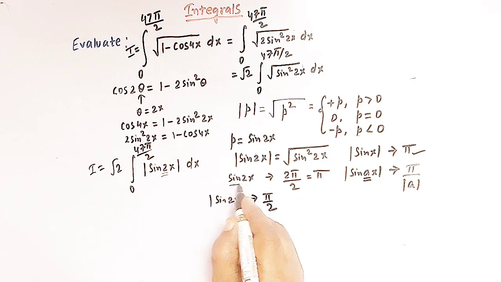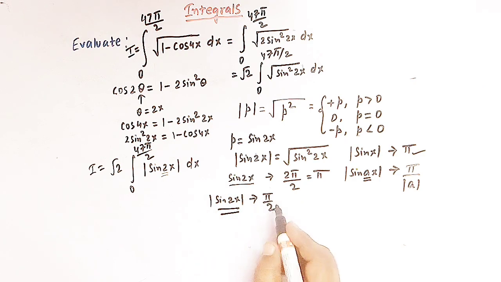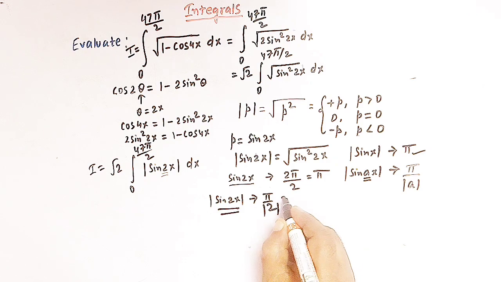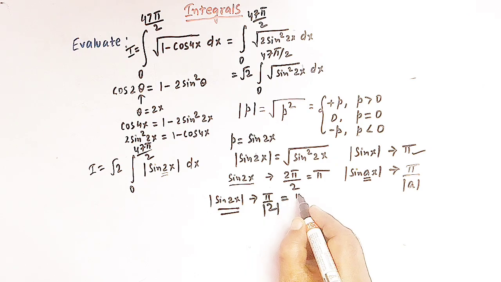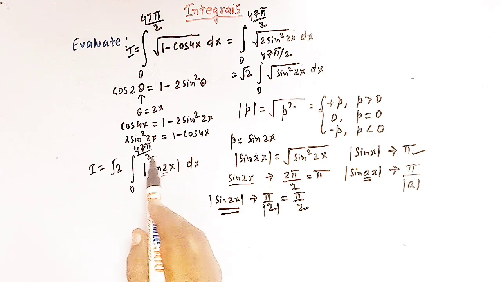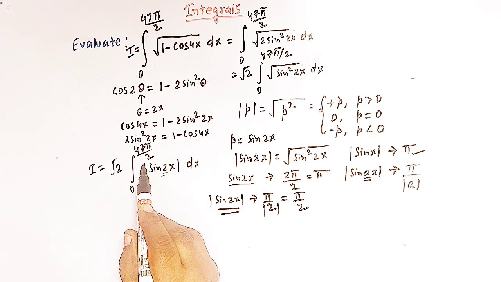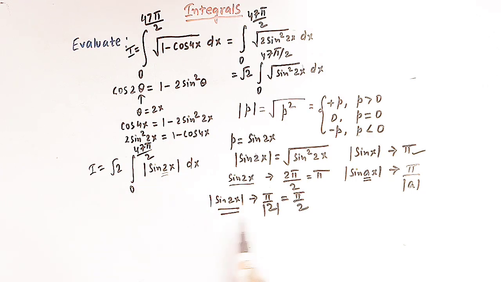So the period of mod of sine 2x is given by pi over mod of 2, that is simply equal to pi over 2, right? So here we conclude that the period of mod sine 2x is given by pi over 2.